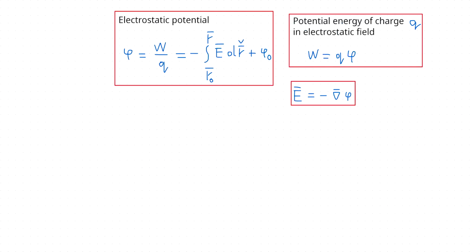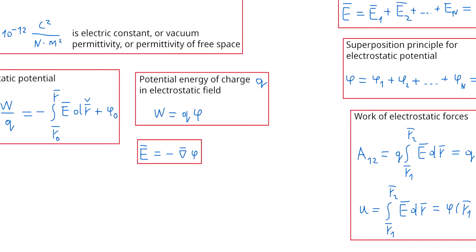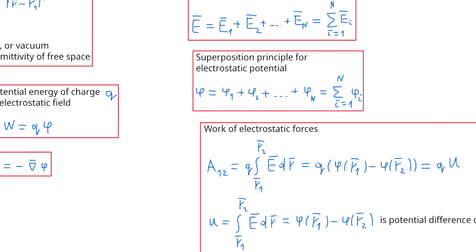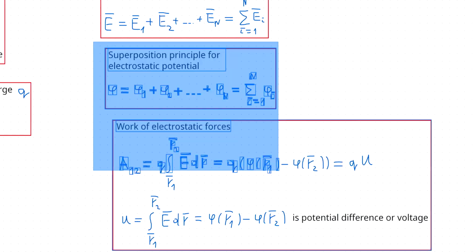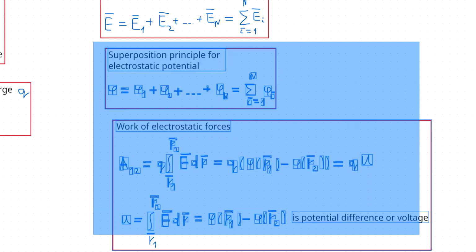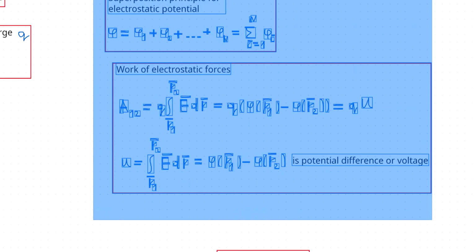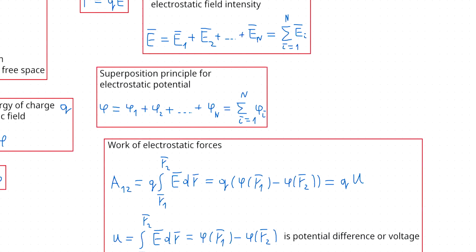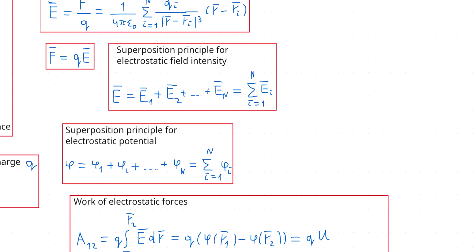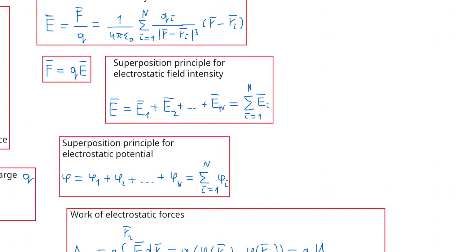So to define the electrostatic field, we have two values: electrostatic field intensity and electrostatic potential. And of course, electrostatic potential is more convenient to use because this value is scalar, and electrostatic field intensity is a vector.